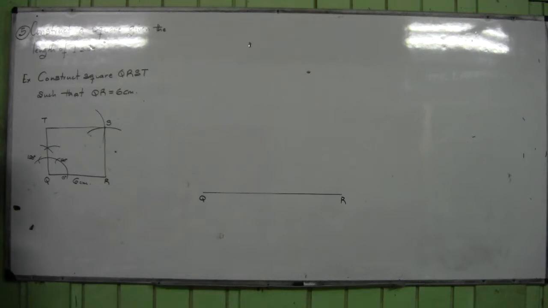Sir, number 5 and that are the same thing, sir? The top one and that one. And what we're doing now? Yes, we're doing the fifth construction, which is to construct a square. So that the Q and R is part of constructing the square. I just discussed it, then we're going to now construct it.